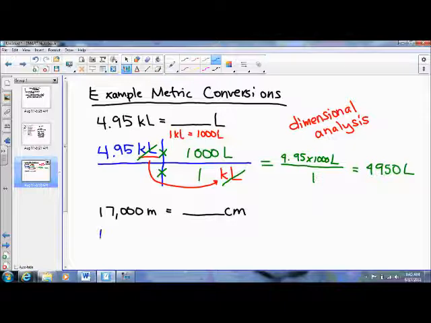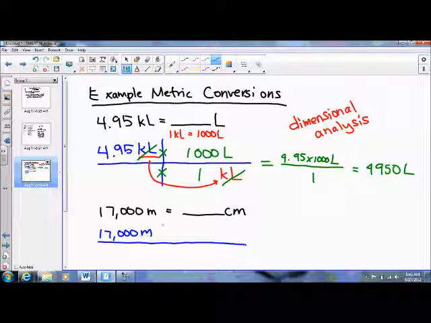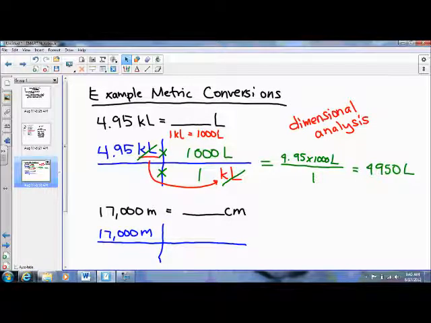Again, we're going to start by rewriting underneath the problem both the number and the unit, which in this case is m. Now, what do I need from my sheet? This is just a base unit, but this side has one of the prefixes. This is c, centi. So this problem is all about the relationship between meters and centimeters.